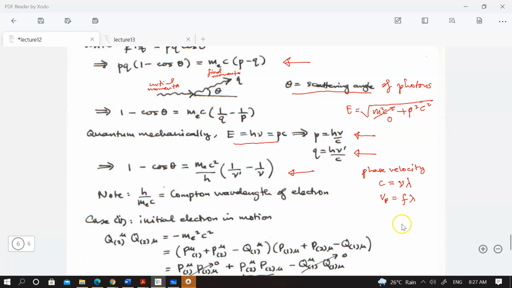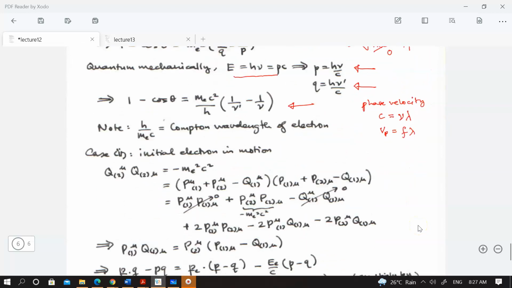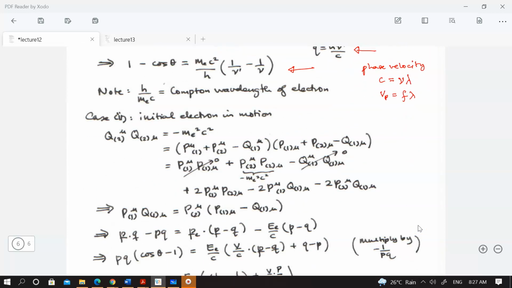So one can generalize this formula. Remember that this formula was obtained from the case where your electron initially is at rest. One could even have the initial electron in motion. In this particular case, you might get a different equation out. So what we do in this case is to look at the four-momenta of your electron. You take the scalar coming out from this four-momenta after the collision.